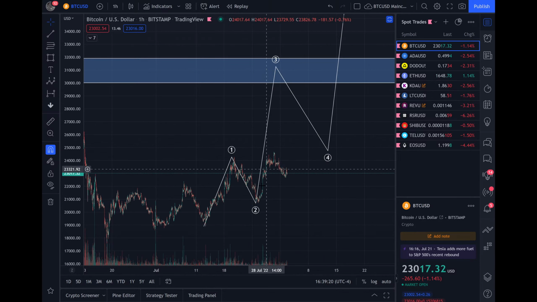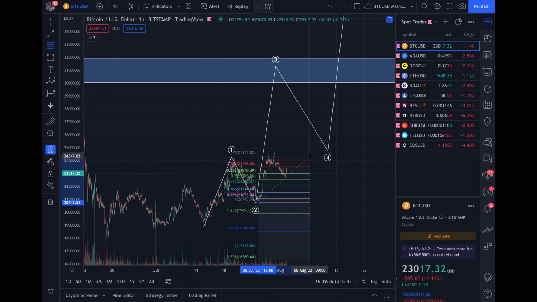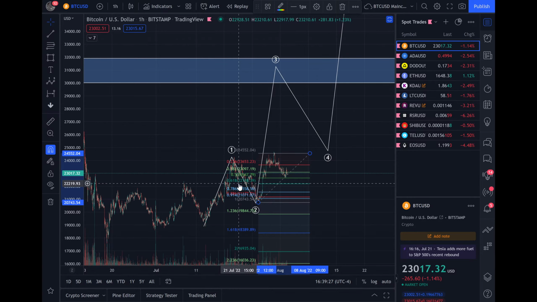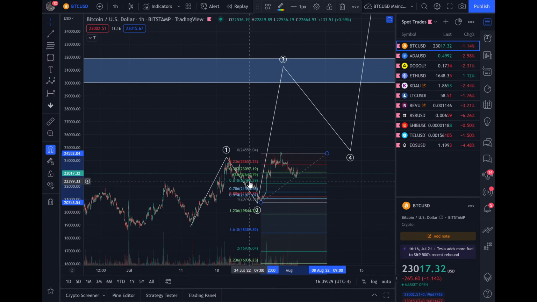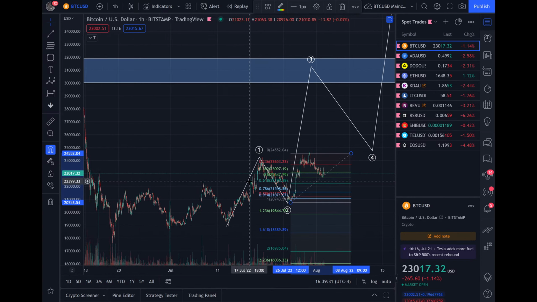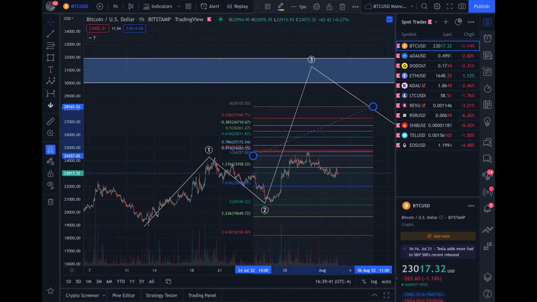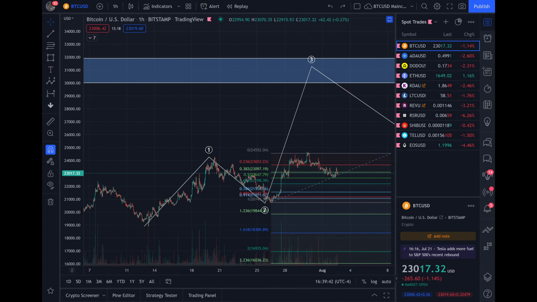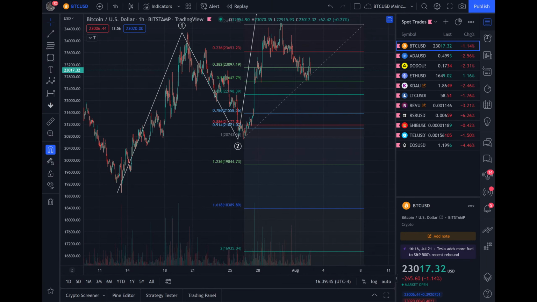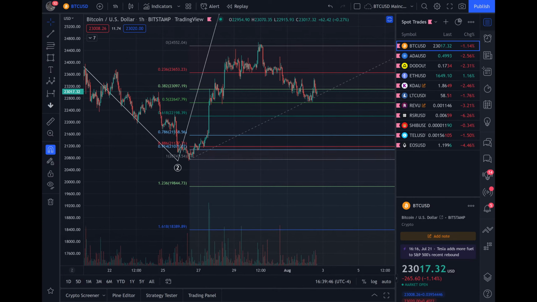This uptrend right here, pull your Fibonacci retracement tool, and the 0.618 is once again respected. The 0.618 is over here at 22,200, okay? And we actually topped, we turned around, it seems, at the 0.5 Fibonacci retracement level, as you can see here, right?